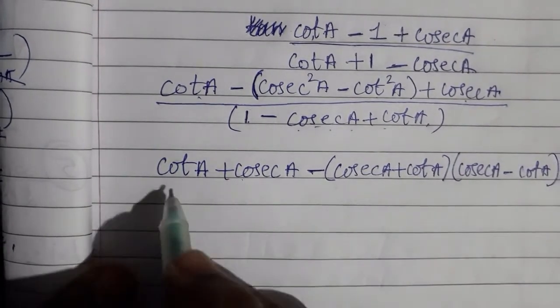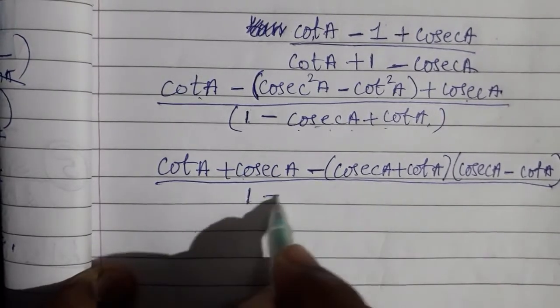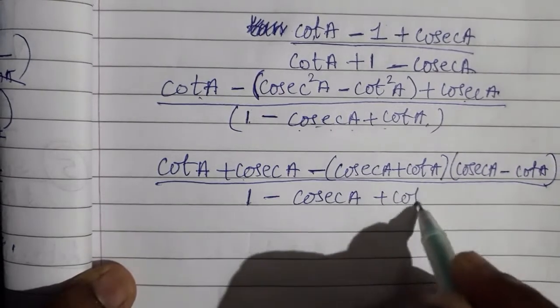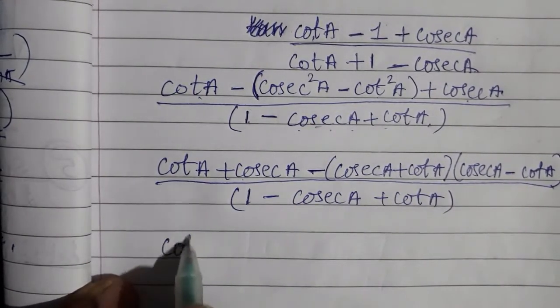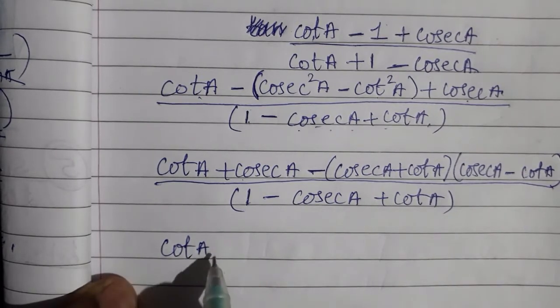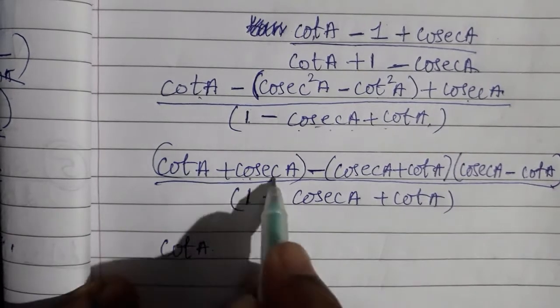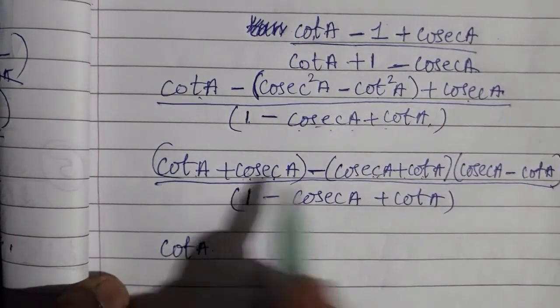So for the denominator, there is no need to change. 1 minus cosec A plus cot A. Now you can notice here, this cot A plus cosec A, cot A plus cosec A. Did you notice?